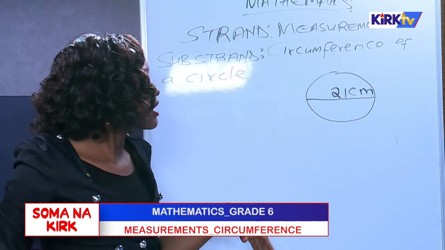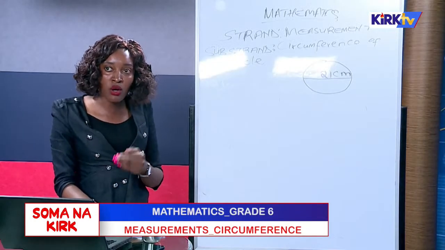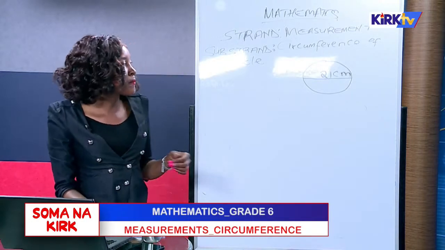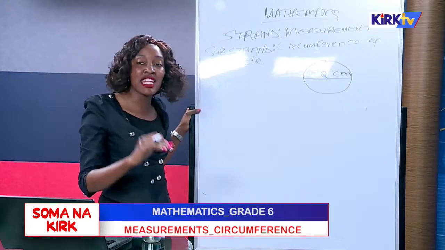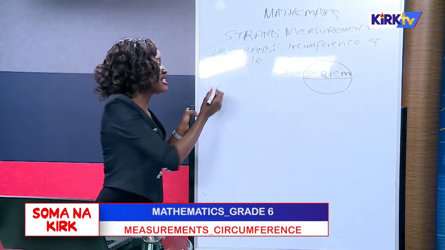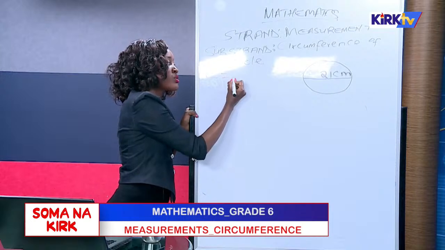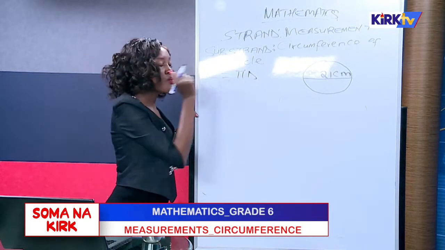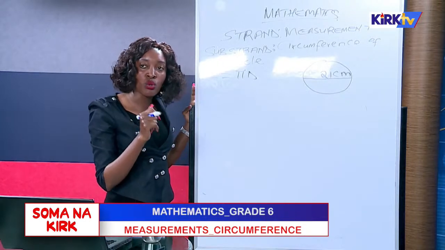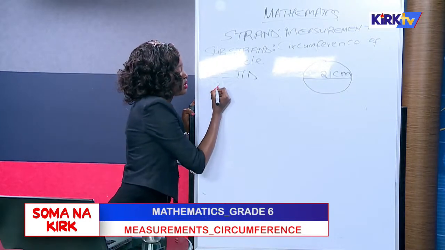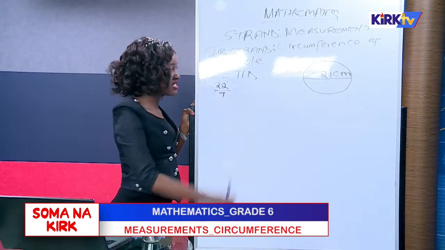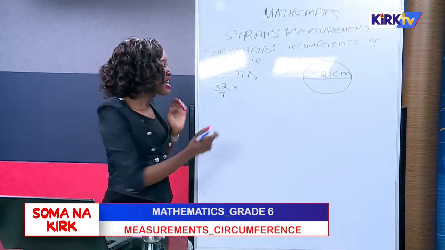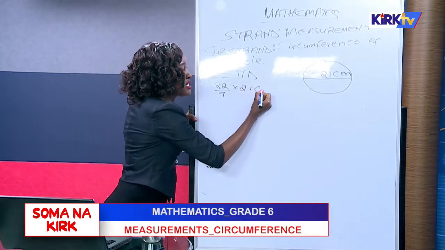So the same case here, when you're told to get the circumference of a circle, ensure that you're conversant with the formula, all right? And our formula in this case is circumference is equal to pi d. Are we together? So we are going to use our pi as 22 over 7. Then you multiply with the diameter, which is 21 centimeters.